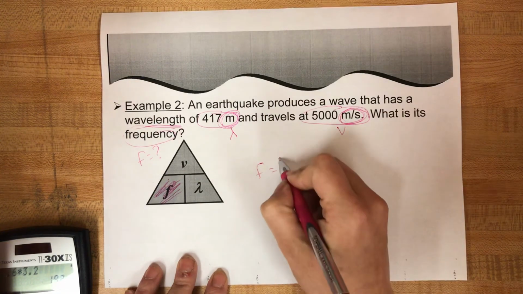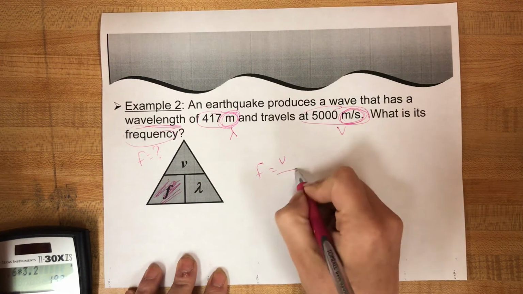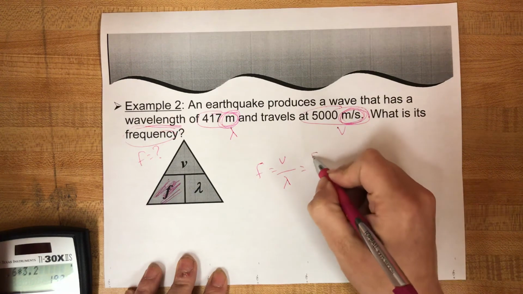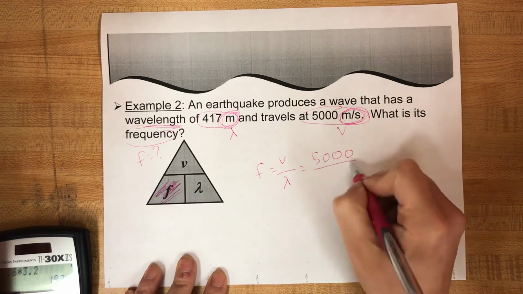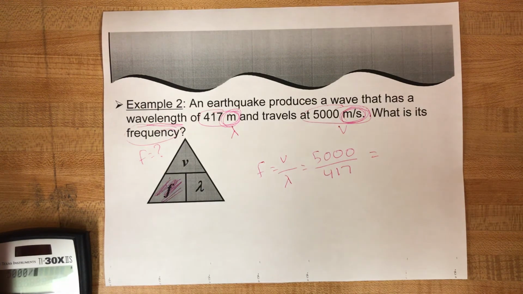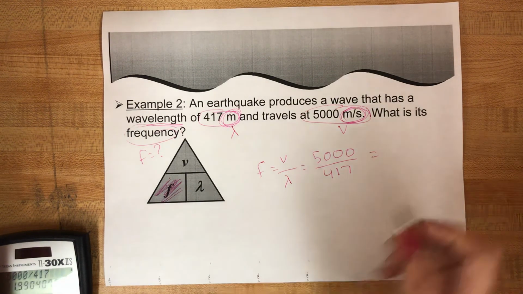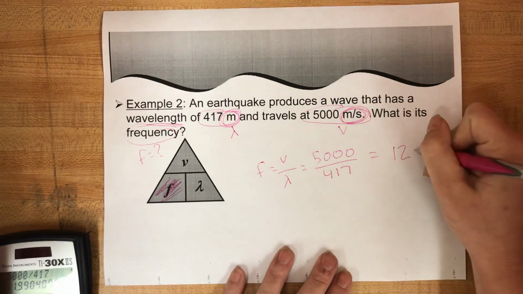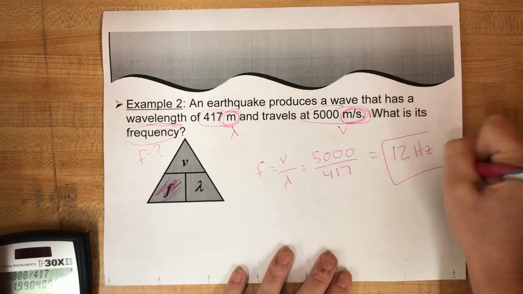So F equals velocity over wavelength. So 5,000 divided by 417 gives you 12. And the units for frequency is hertz.